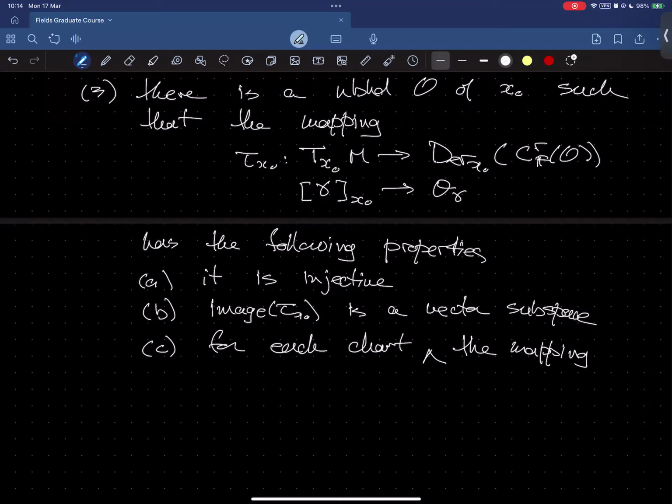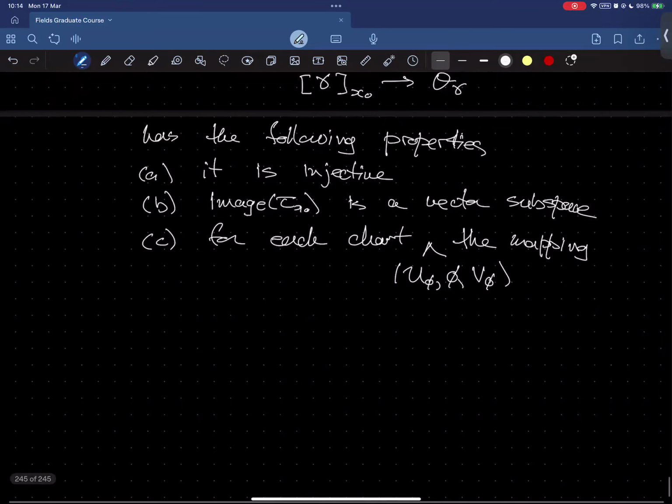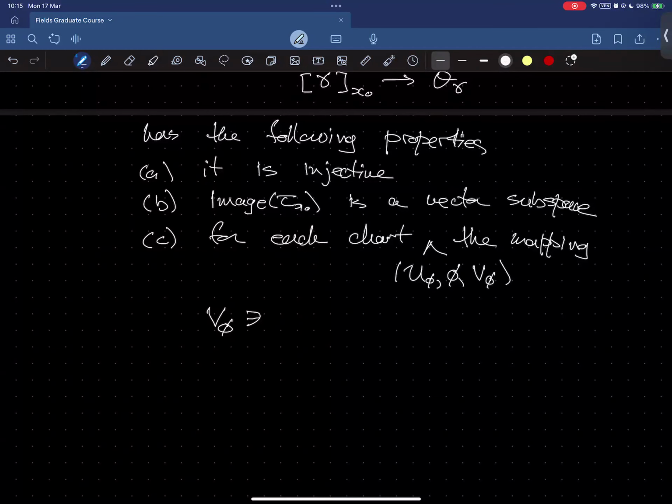Apologies, for each chart I need some notation: U, phi, V phi. The mapping is going to be a mapping from the vector space V phi. I'm going to write any point in V phi as phi composed with gamma prime for some curve gamma at x naught.